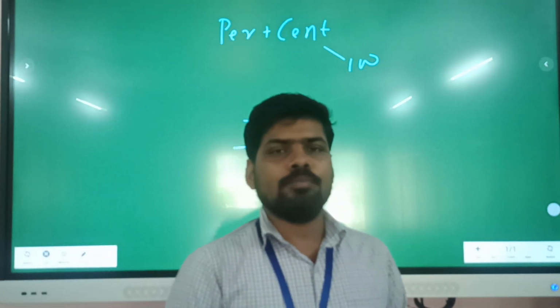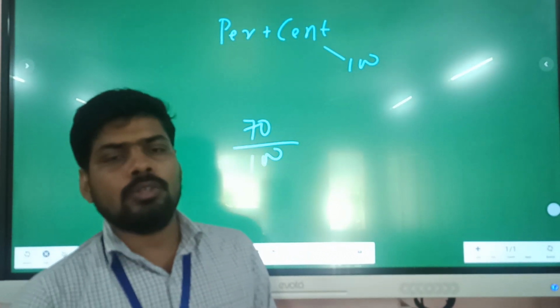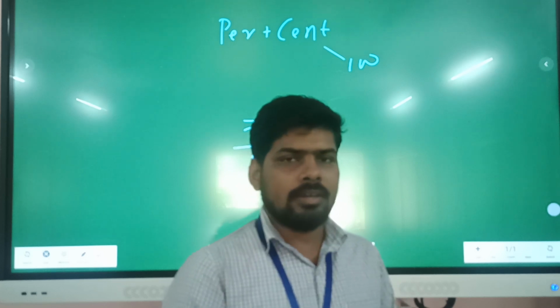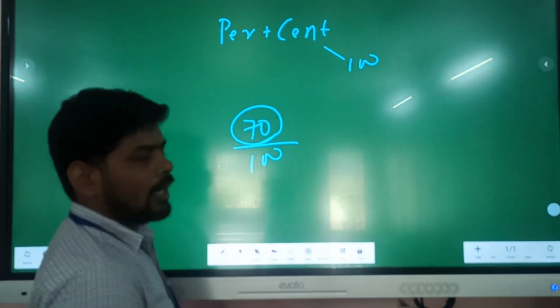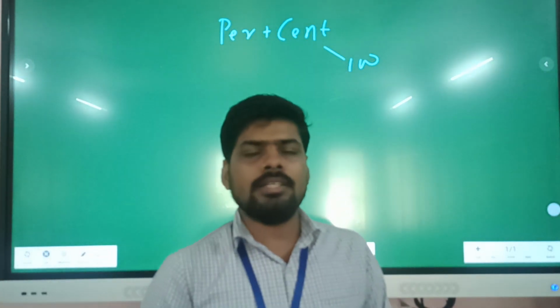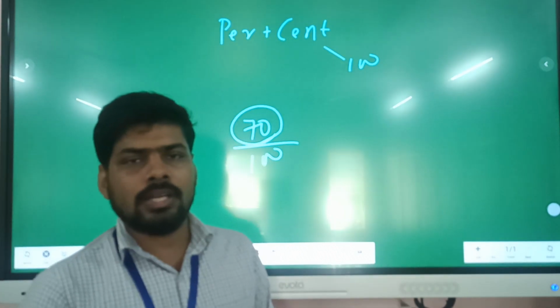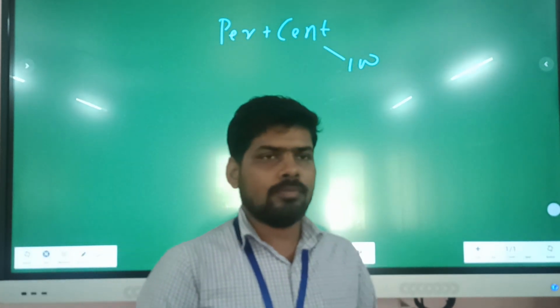So percentage is a kind of fraction where the denominator shows the total, that is 100, and the numerator shows the part we require. So 70 is the part I have secured and 100 is the total mark. When the total mark, the denominator, is 100, the numerator shows the percentage.